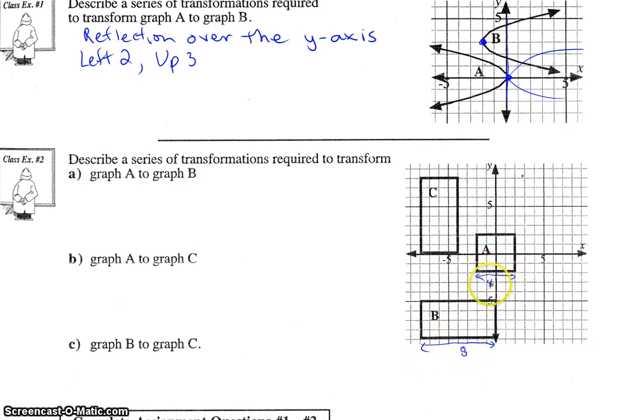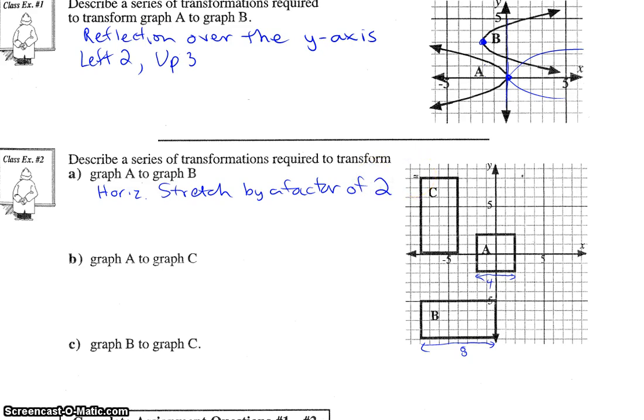So how did we get from the number 4 to the number 8? We multiplied by 2. So would that be a horizontal or a vertical stretch? Well, it's in the horizontal direction, so it's going to be a horizontal stretch by a factor of 2.